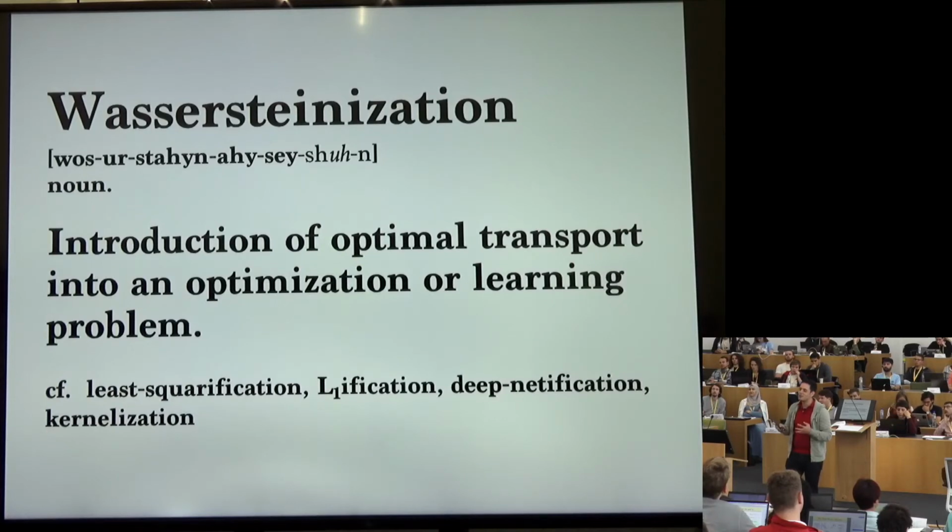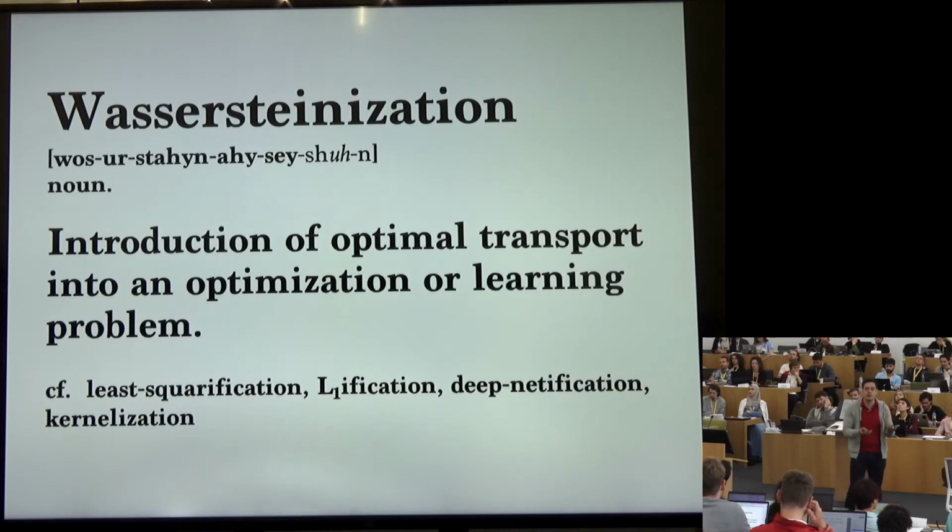So, introduction of optimal transport into an optimization or learning problem. So, if you've heard about the kernel trick or maybe sparsity, basically you are going to drop some Wasserstein flavor into any learning pipeline where you think it's relevant. And typical pipelines where it's relevant is when you're learning with point clouds, you're learning with histograms, you're learning with probability distributions.